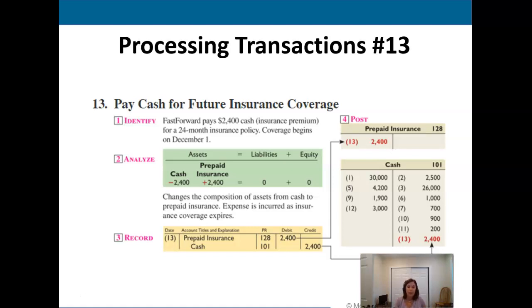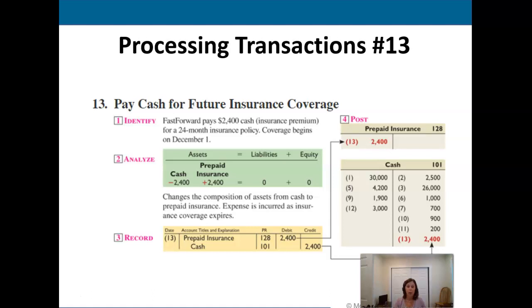Guess what your insurance company is going to do in that case? Are they going to get to keep your money? No, they haven't earned it. You're going to get a refund. So until you have used up all of that insurance money, we're going to consider the part of that you haven't used as an asset. And so it's going to, at the moment we pay it, go into an account called prepaid insurance, which is an asset.